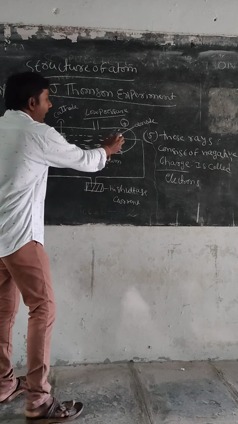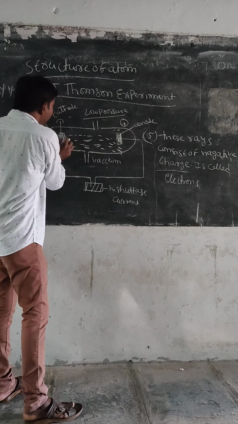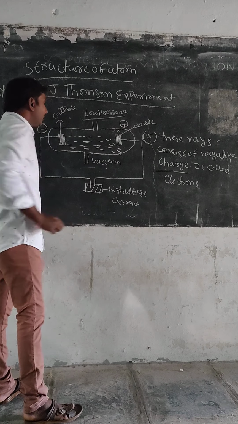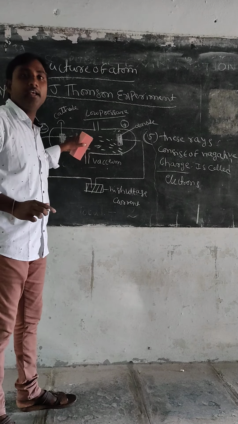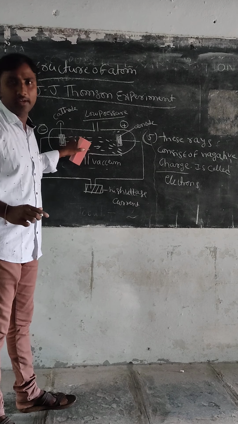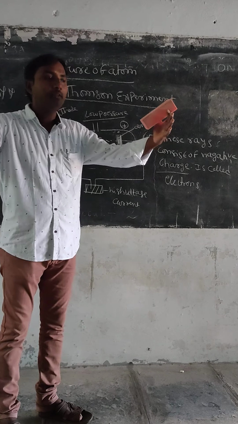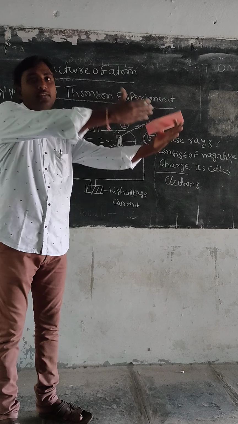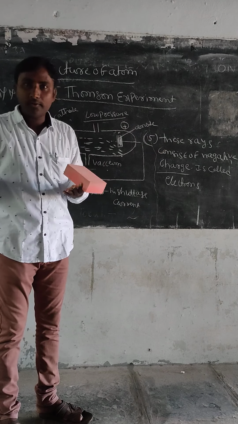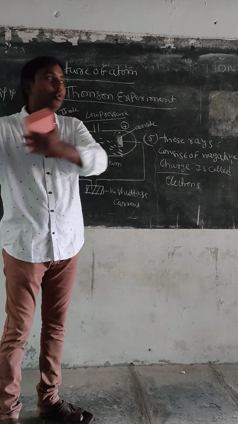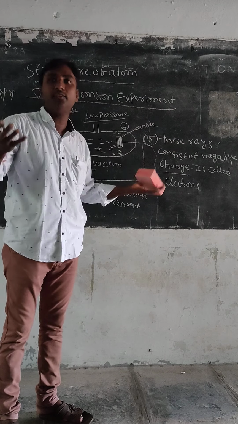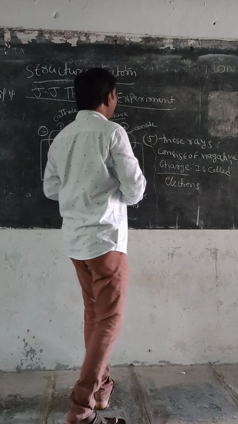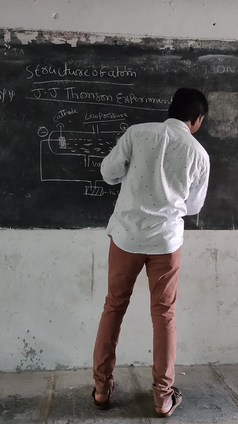That's why we decide these are negative particles. Negative and positive particles attract, so negative particles move towards a positive electrode, and positive particles move towards a negative electrode. You already know this. So these are Thomson's observations.